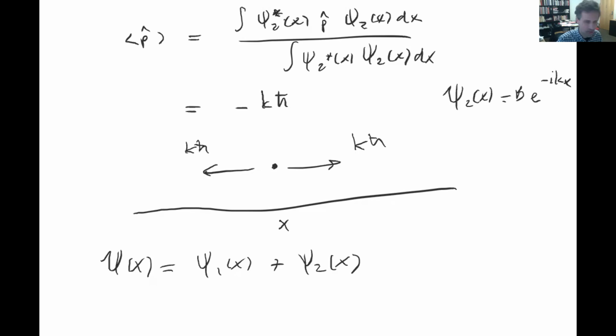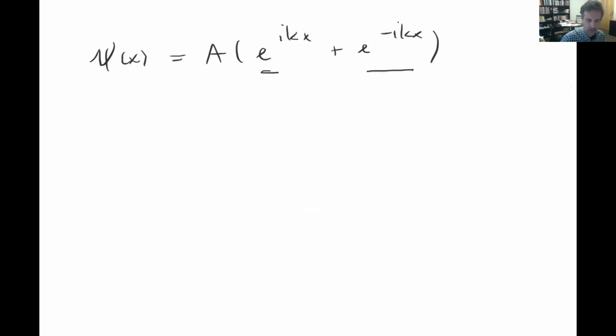So let's look at an extreme situation of that. I can, for instance, say that A is equal to B, and then just write out what the shape of the wave function is. So A times the first contribution, psi1, and the second contribution, psi2.